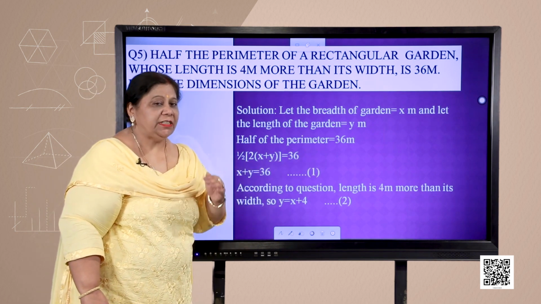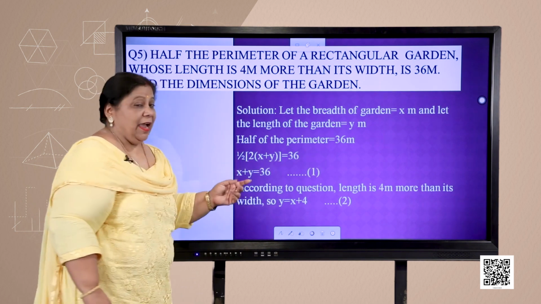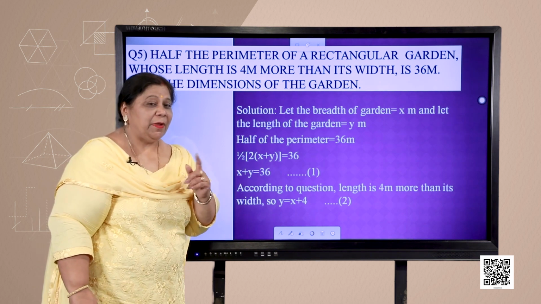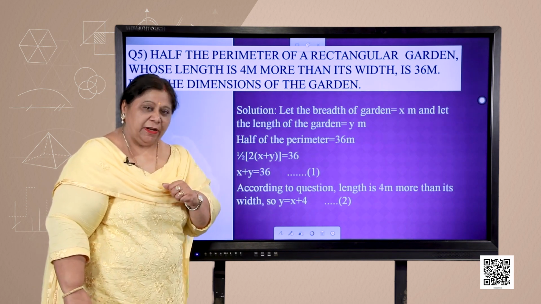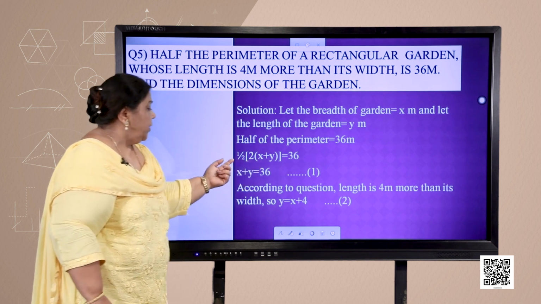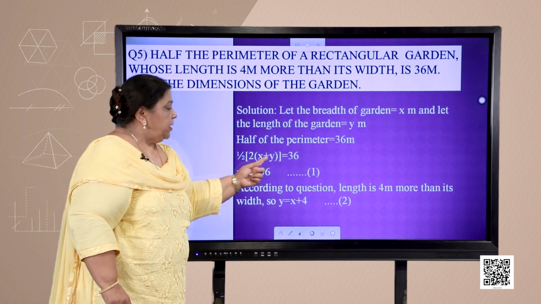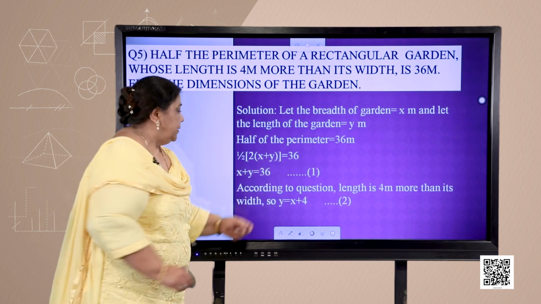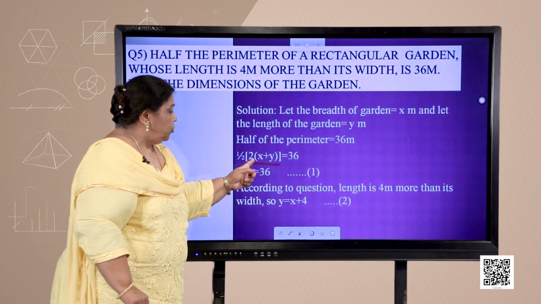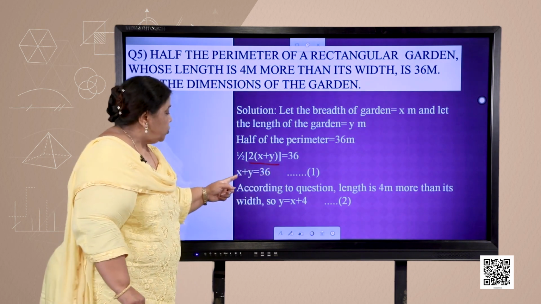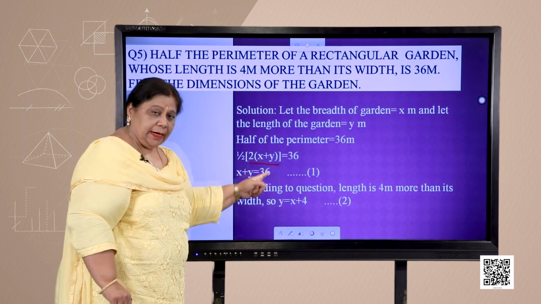First, we note down what is given in the question. Then, I know the formula for calculating the perimeter of a rectangular garden. It is 2 into L plus B. Using that formula, half of 2 into L plus B is equal to 36. 2 into L plus B is 2 into x plus y in this case. So, I get x plus y is equal to 36.